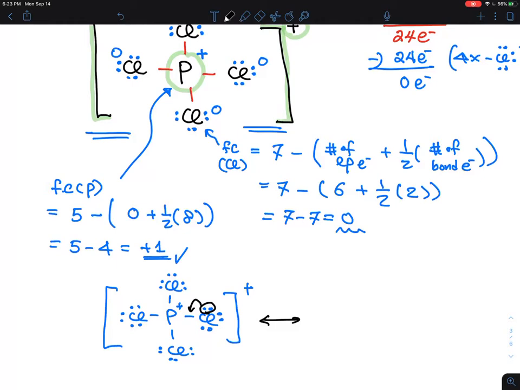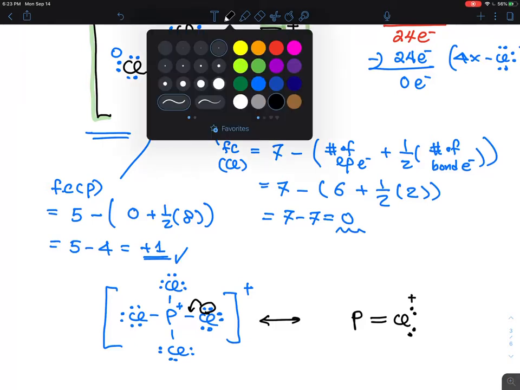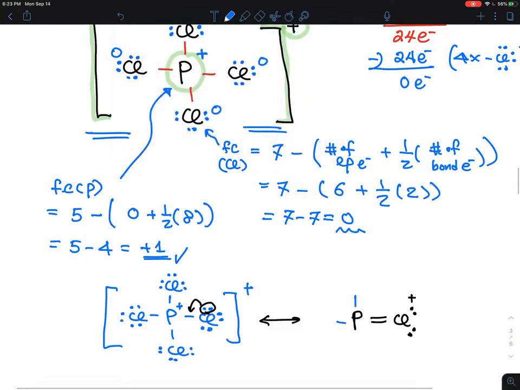So then what happens is this P loses its formal charge, and the chlorine now develops a plus formal charge. And the rest of them I will just keep the same, chlorine, chlorine, chlorine. So now this one has no formal charge. So which one do you prefer?